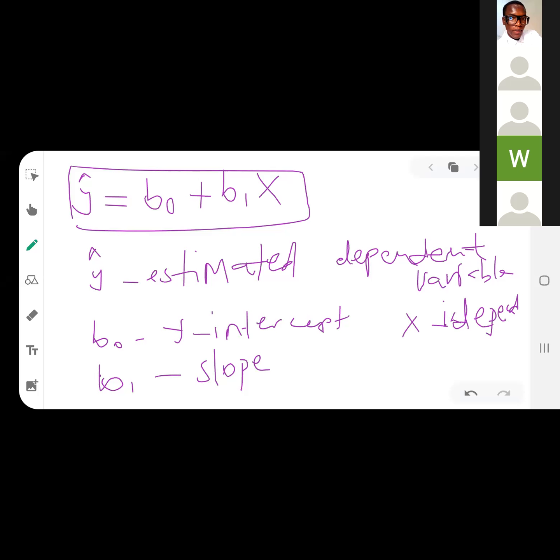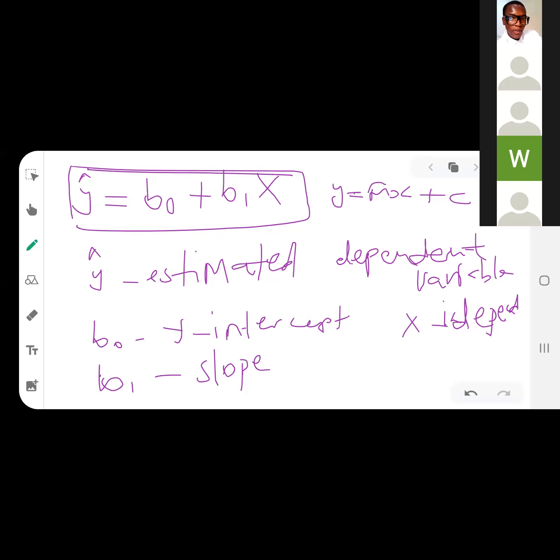If you check this equation, you will see that it's similar to y equals mx plus c. This is a linear equation. You know about it because you learned it in high school and also in first semester mathematics, SSTA if I am not mistaken. Are we together?